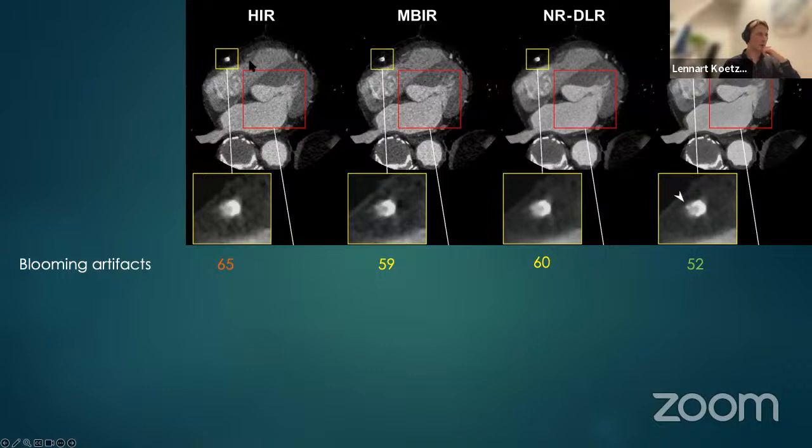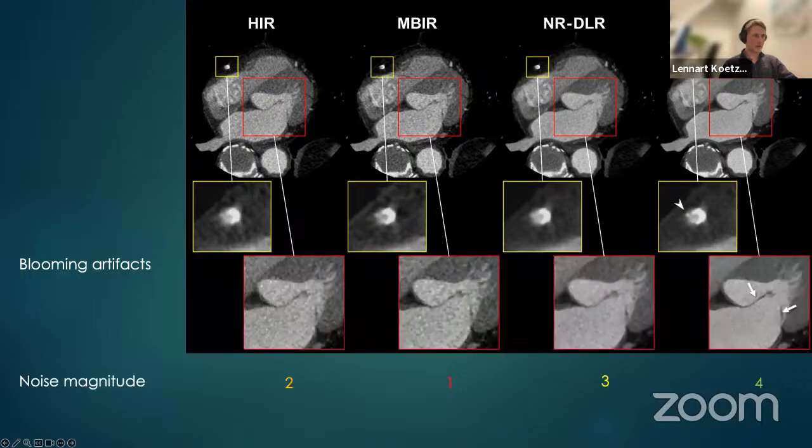Here we have a zoomed in view of the coronary artery with a highly calcified plaque. And if we take a look at the blooming artifacts, we can see there's less blooming artifacts present with the high resolution deep learning. And that was also what was measured in this paper. We can see that the lowest blooming artifacts were present in this high resolution DLR.